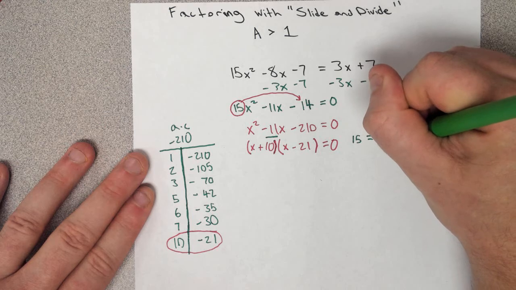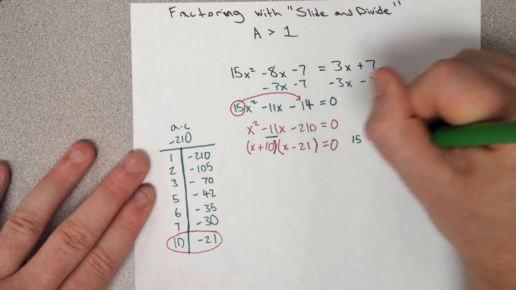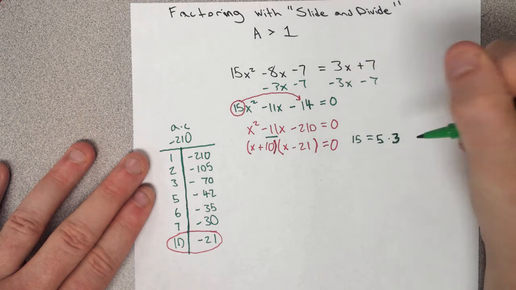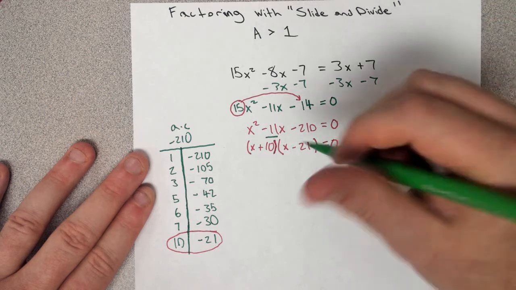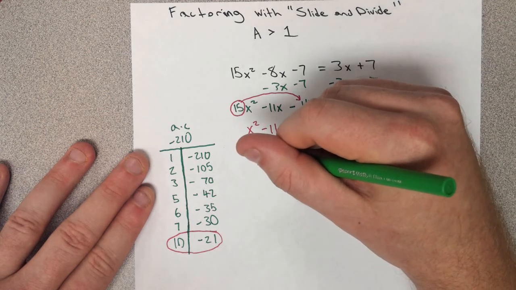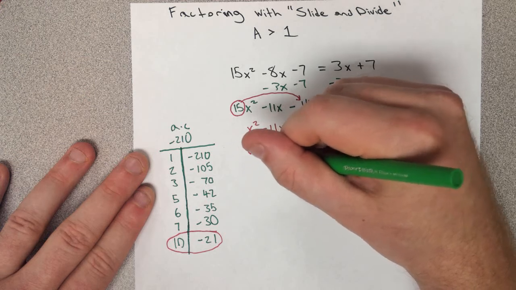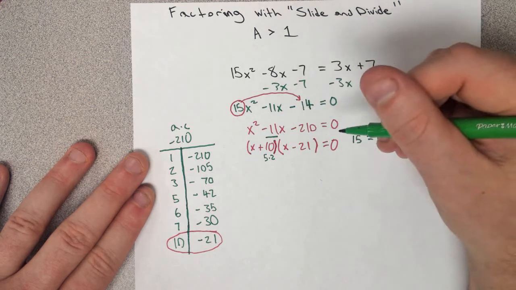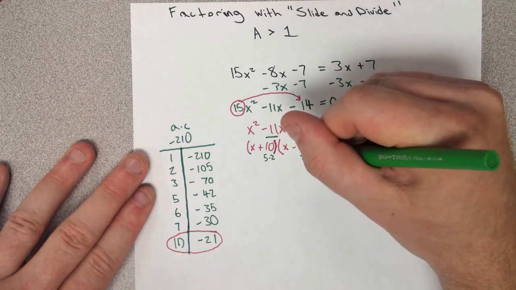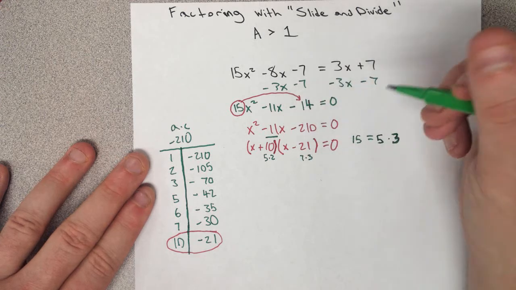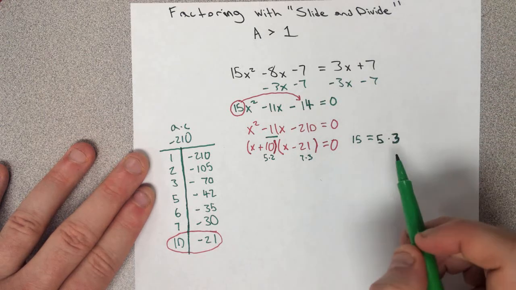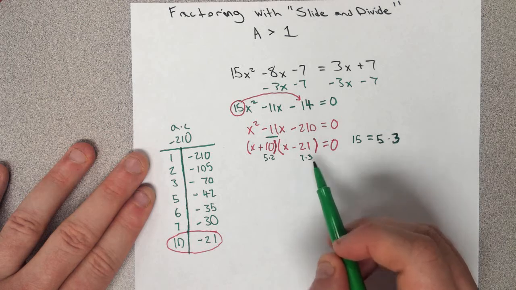Right? So if I look for the factors of 15 instead of 15 itself, then I can find them inside of those numbers. I can see that 10 is 5 times 2, and 21 is 7 times 3. Right? So I can find my factors in here. Right? I was looking for that 5 and that 3.